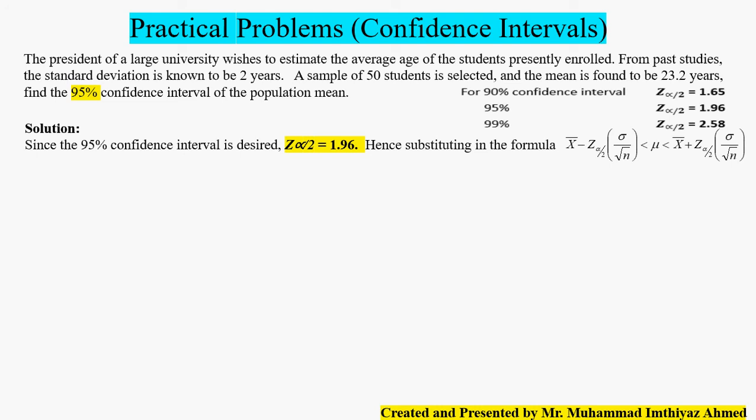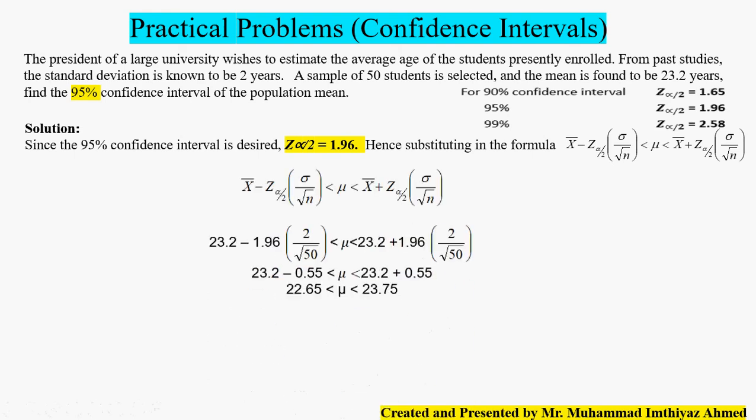As you can see, the other part will be sample mean plus Z alpha by 2 multiplied by standard deviation divided by square root of n. One side it is minus, the other side is plus. So students, if you remember one, the other one will be very easy to remember.